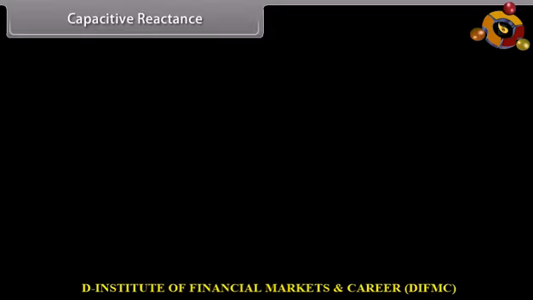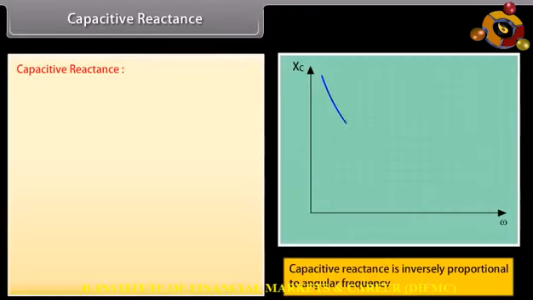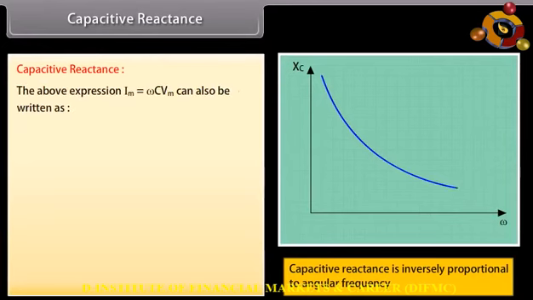Capacitive reactance. The above expression Im = omega C Vm can also be written as Im = Vm / (1/omega C).